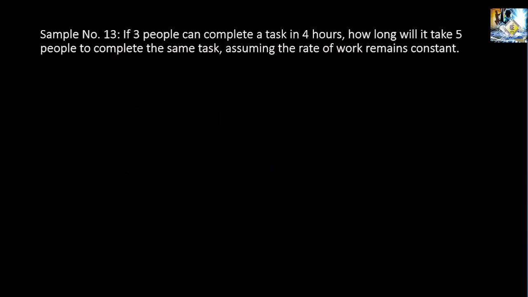The next example is a work problem. It's ratio and proportion again. Sample number 13: if 3 people can complete a task in 4 hours, how long will it take 5 people to complete the same task, assuming the rate of work remains constant?